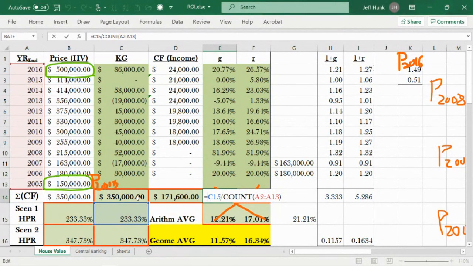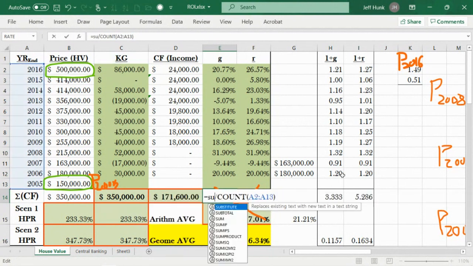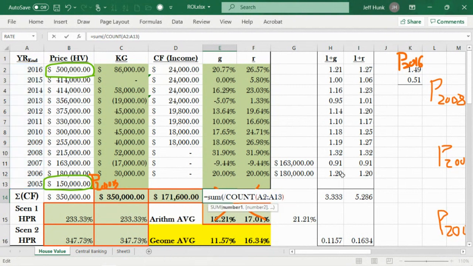What is C15? No, this is wrong. You can simply use the average command, or you can do one of two things.